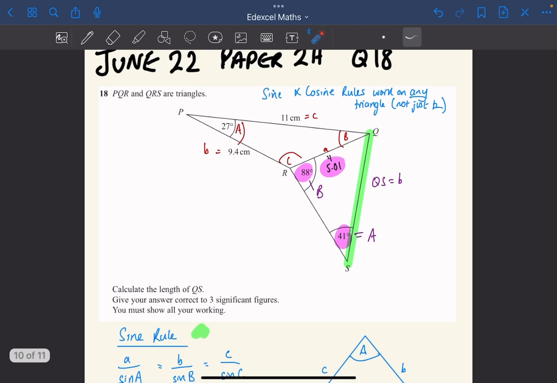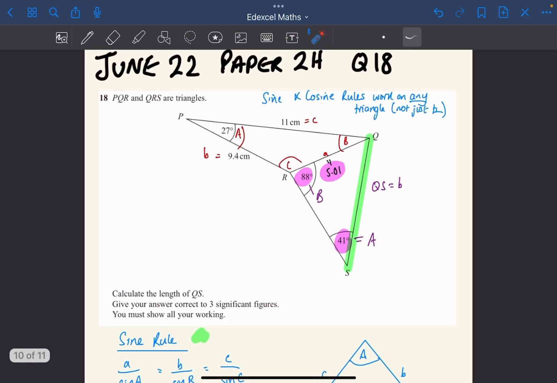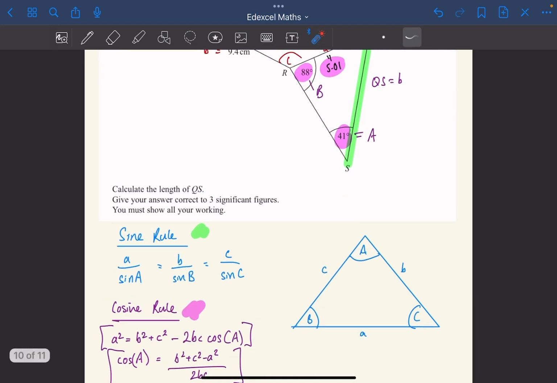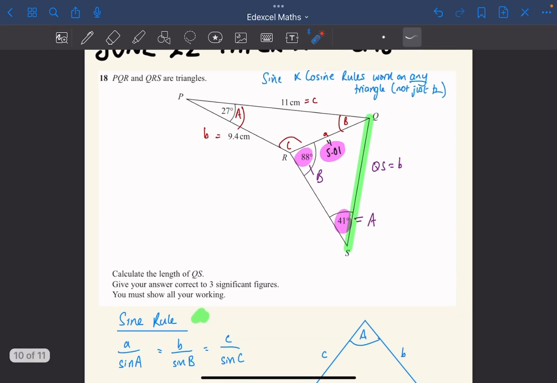So we've identified our triangle here as big A, small c, big B, small b, to replicate this triangle here. And we've invoked the cosine rule.